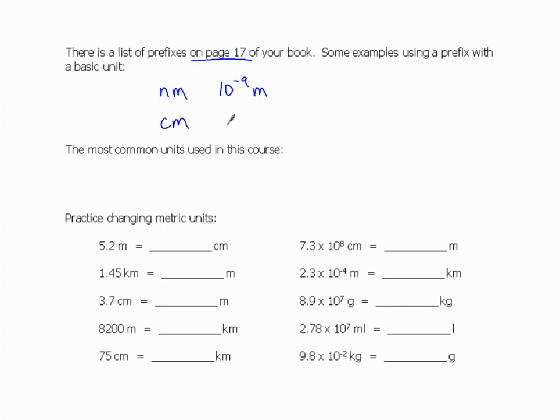A centimeter, looking at the table, find 10 to the negative 2 meters. Kilometer, looking at the prefix, K, that's 10 to the third power meters.